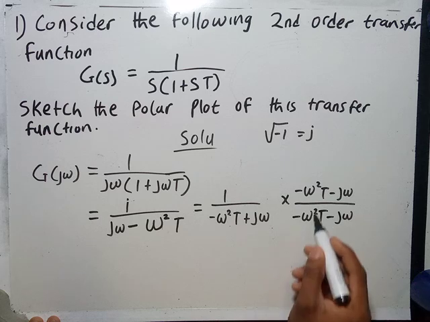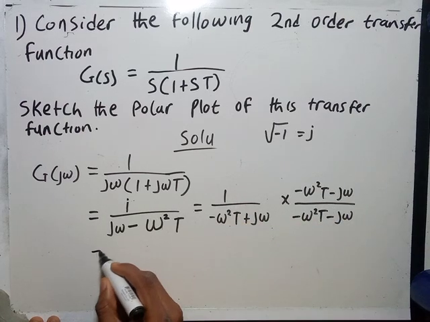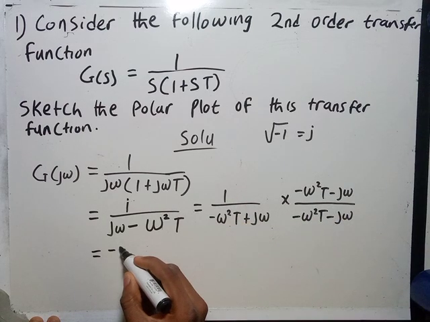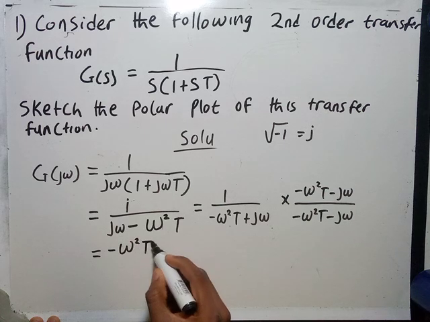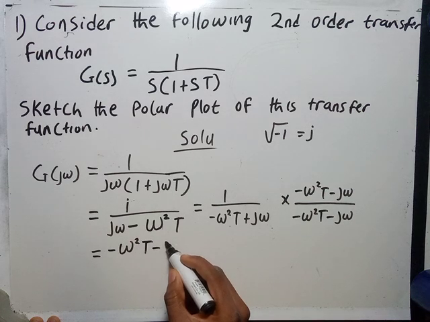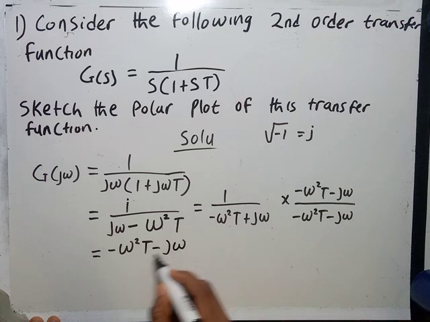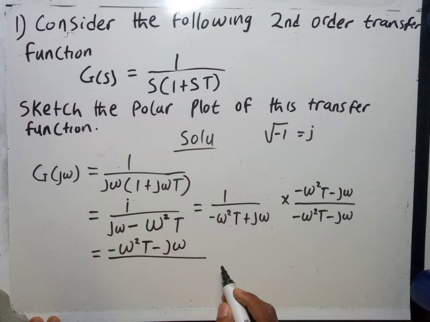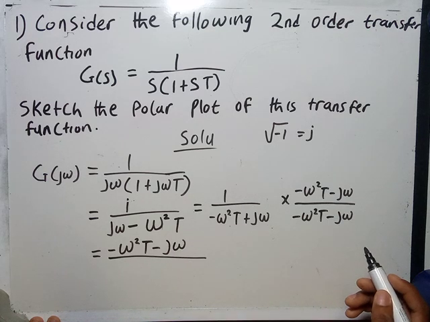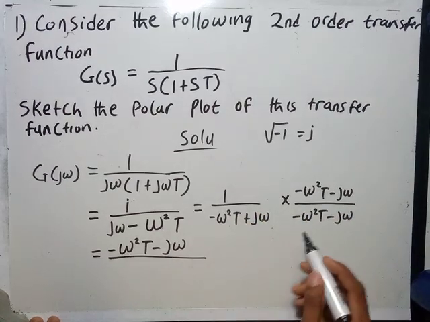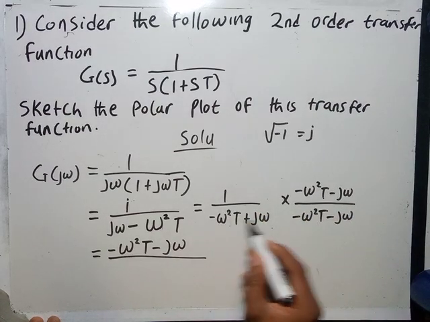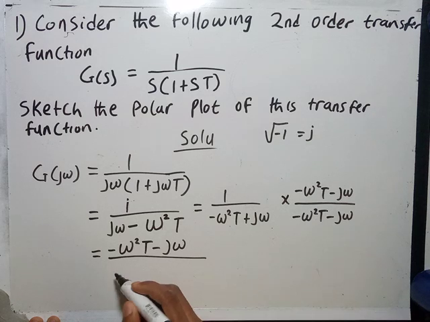Now, when this multiplies this, you have minus omega squared t minus j omega over, this has multiplied this and we got this. Now this is what multiplies this.